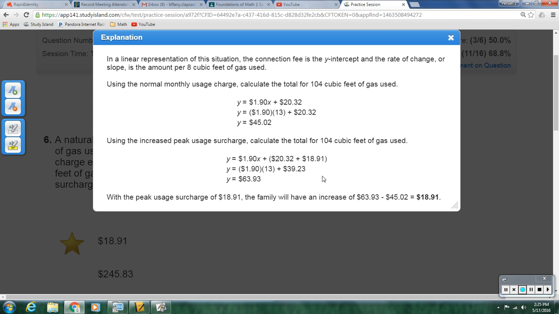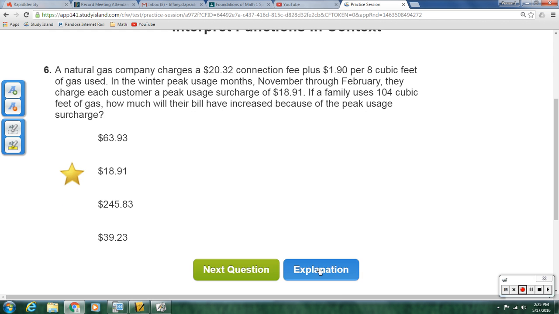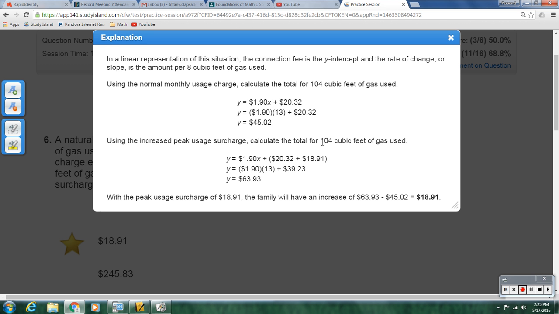Alright, look, here's where they started at. A normal monthly charge. Notice, normal monthly charge, $1.90 plus there's the connection fee. So that's what they're gonna pay, 13. Where did that 13 come from? Didn't Cheyenne tell us a little while ago, 104 divided by 8 is 13?